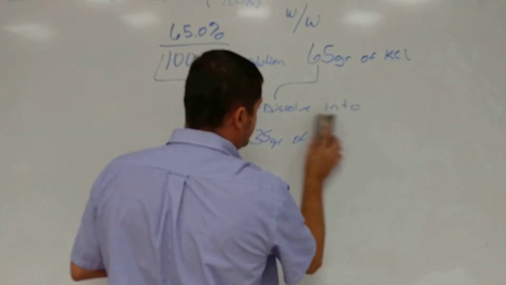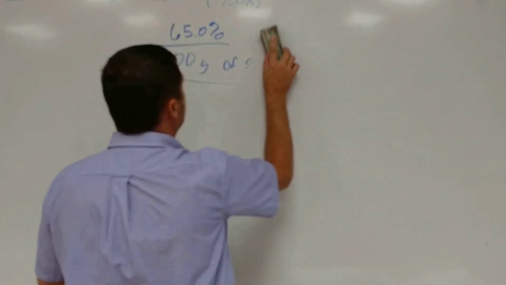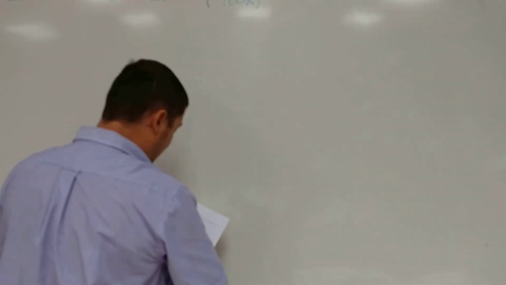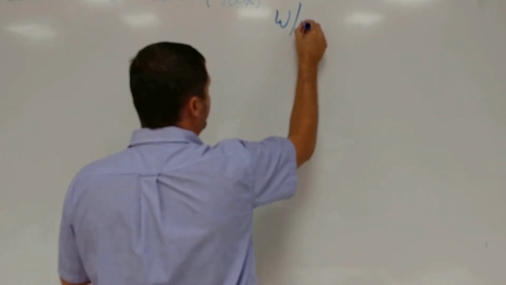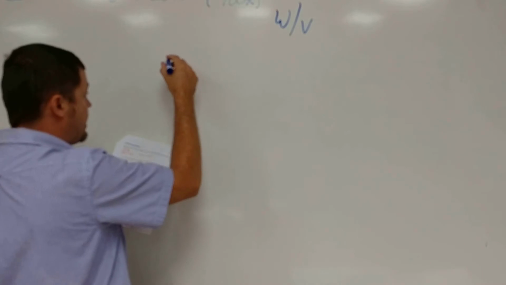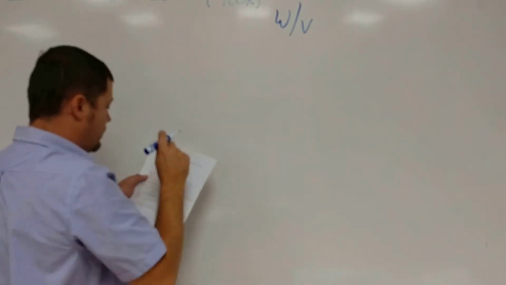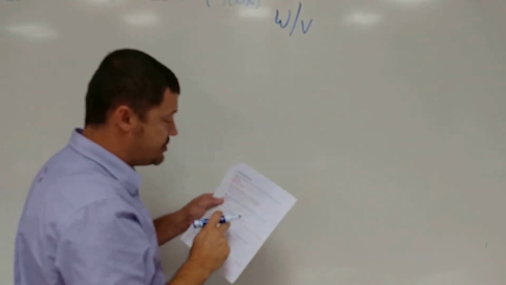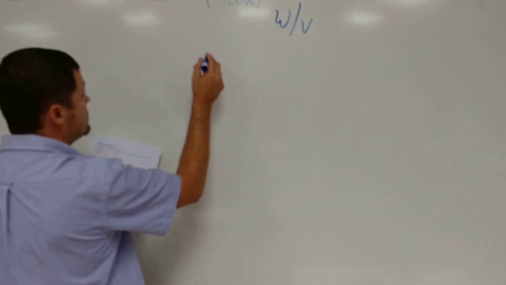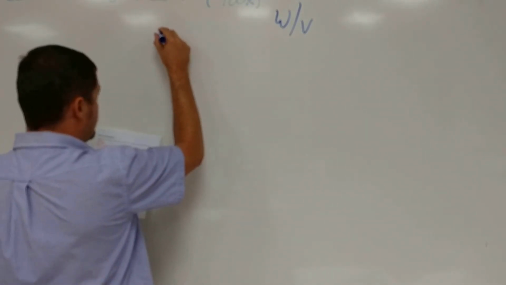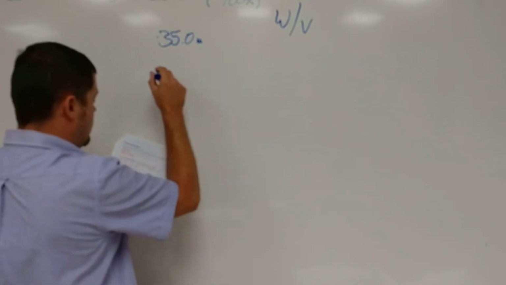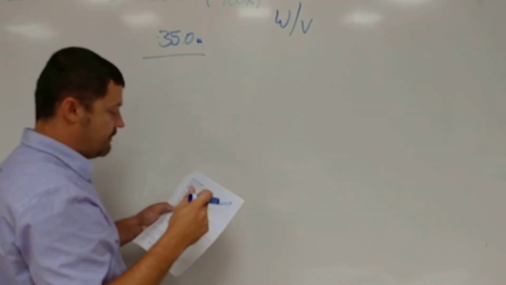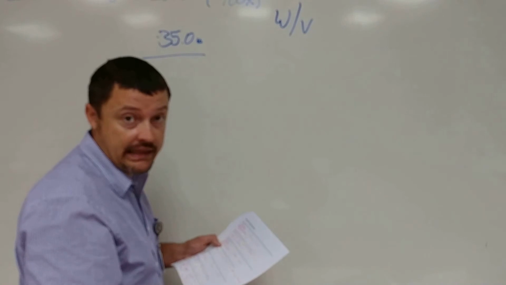So there is also weight over volume. So weight over volume is going to be, let's say, what is the weight over volume of a solution that has 35 grams of sodium chloride? So 35 grams over volume is going to be in milliliters.